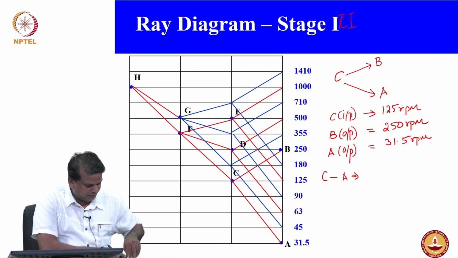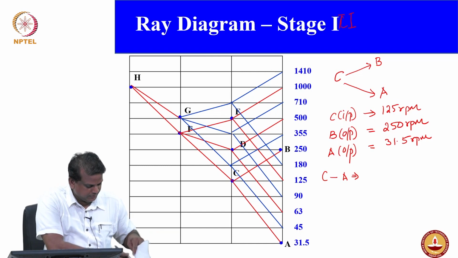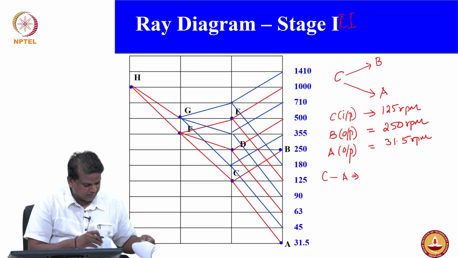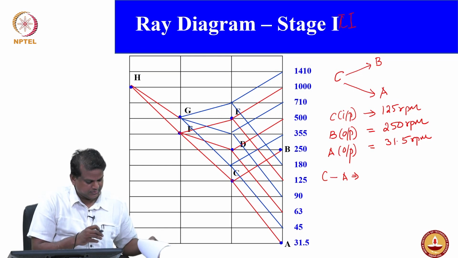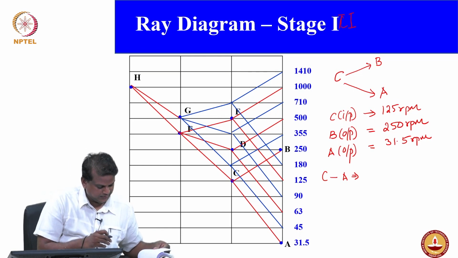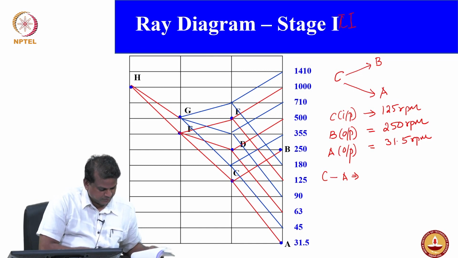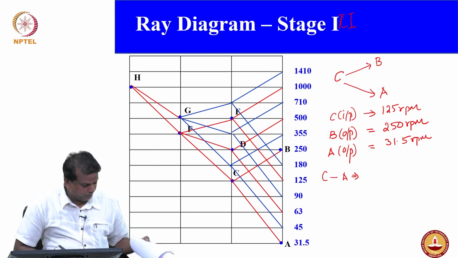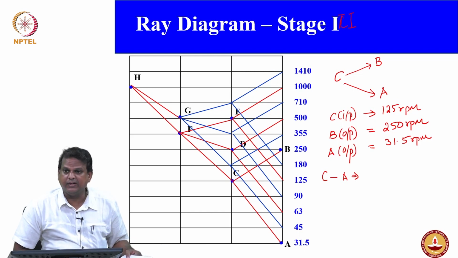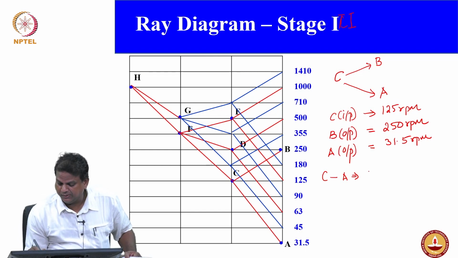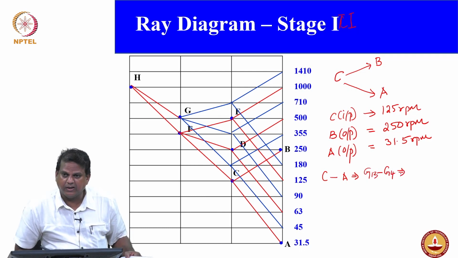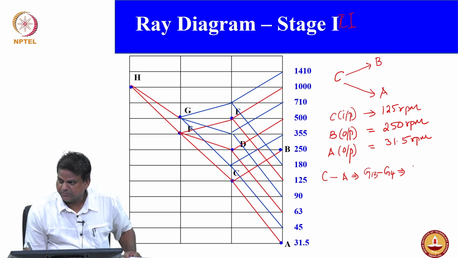So if you again refer to your ray diagram, gear 11 is meshing with gear 12 and gear 13 meshing with gear 14. So if you want the lowest speed, gear 13 meshing with gear 14 will give you 31.5, right. Is it speed reduction or speed up? Speed reduction, yes, correct, speed reduction.